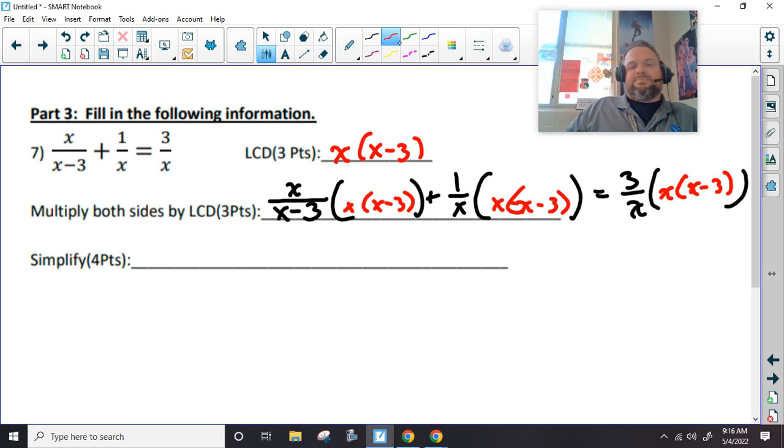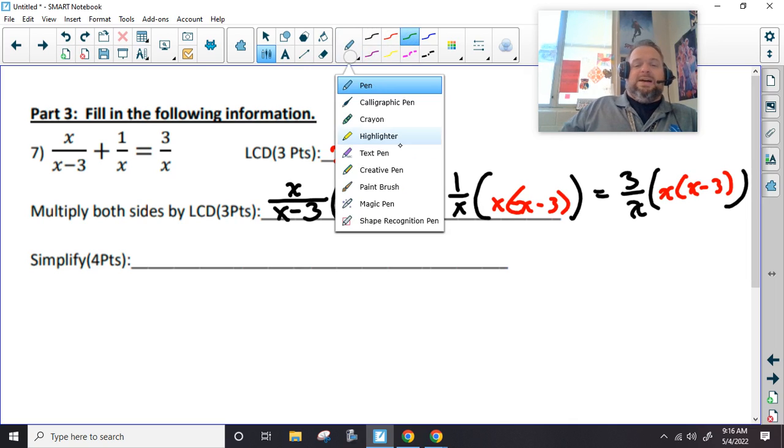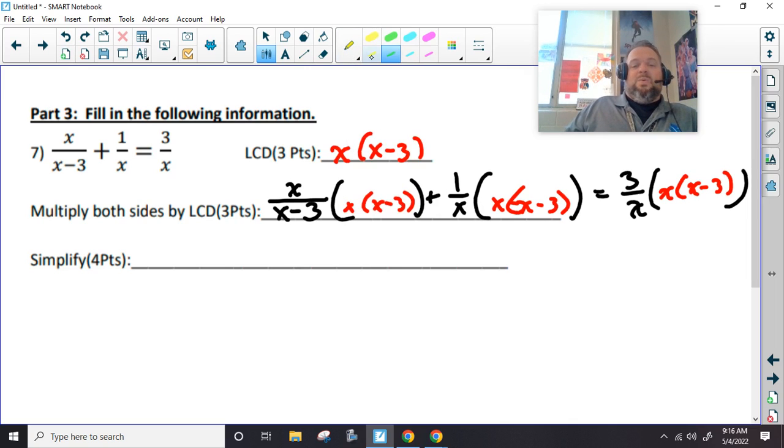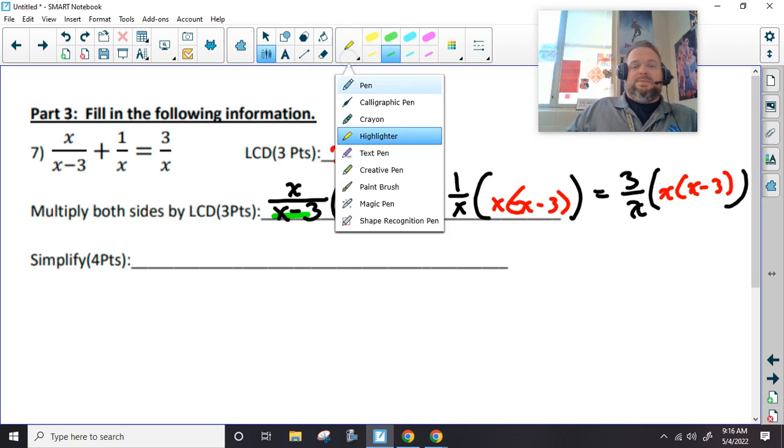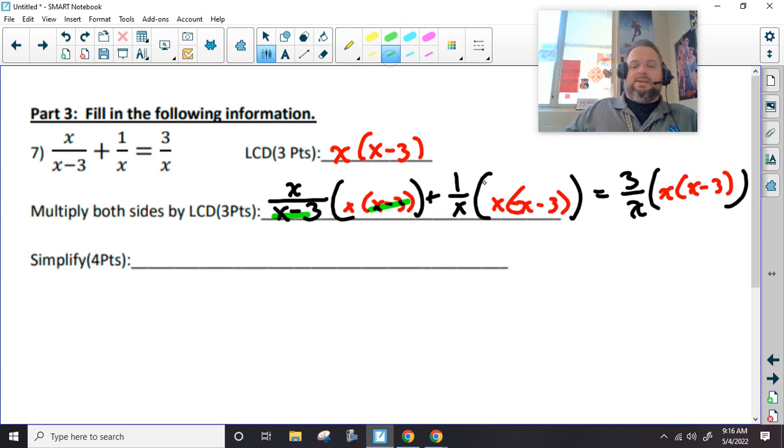All right. Now, to simplify, what is left? Well, let's see. This times this, those two cancel out. This x and this cancel out, and this cancels out.